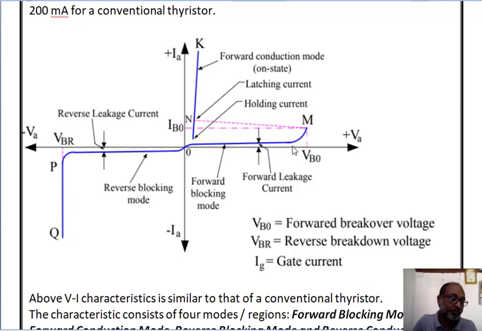Now when we apply the proper positive pulse to the gate and proper forward bias is applied to the GTO, the GTO will turn on and works in the forward conduction mode.